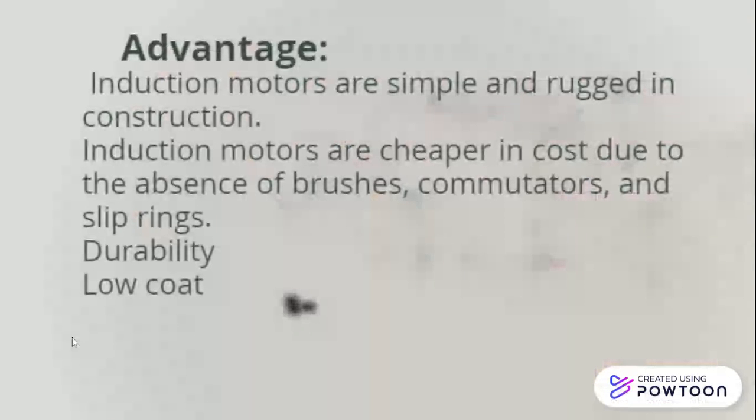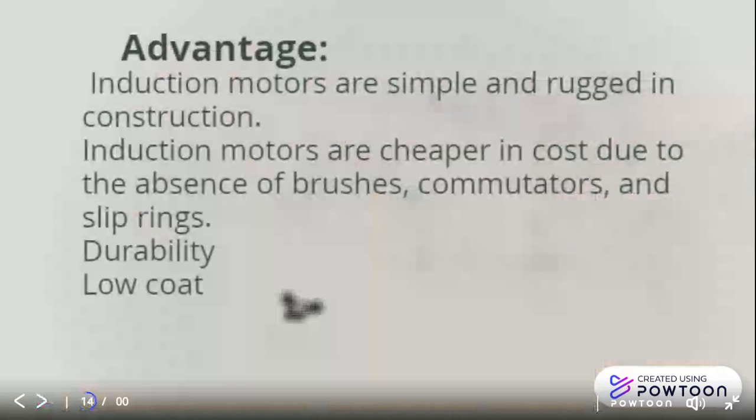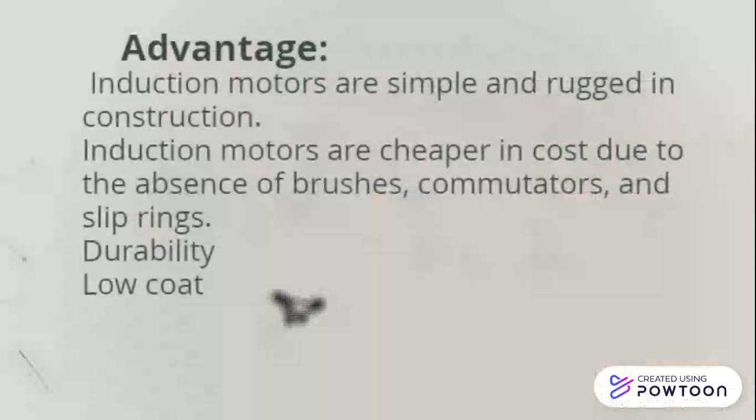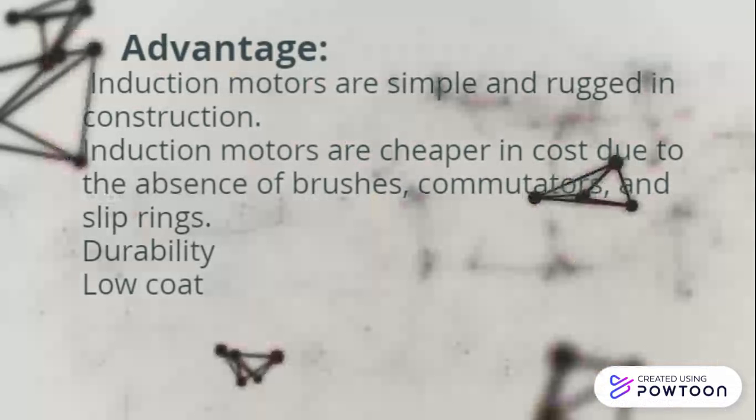As we have discussed earlier, the utmost key features or advantages of induction motor are that they are simple and rugged in construction. The construction mainly consists of the stator and rotor parts.